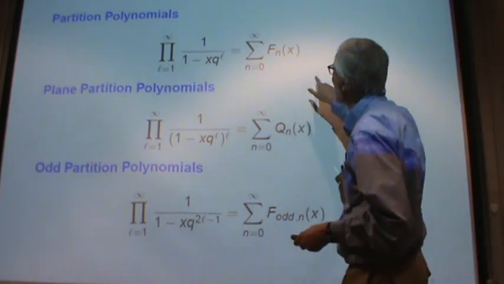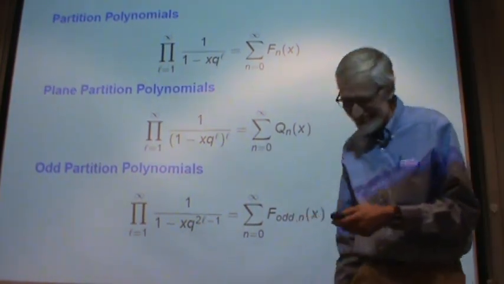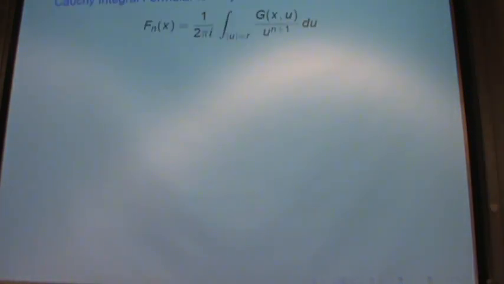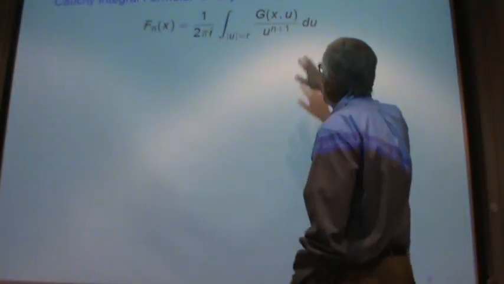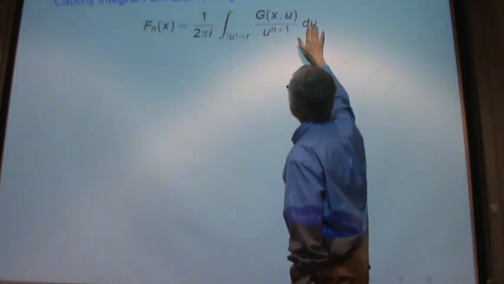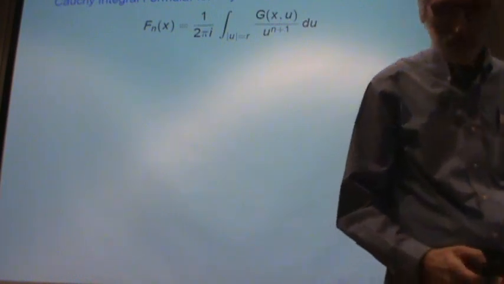So I need the coefficient of q to the n over here, as you indicated. Right. So you get that by taking the generating function and integrating it against dq over q to the n plus 1. Okay, and you do it along some circle with radius less than 1.